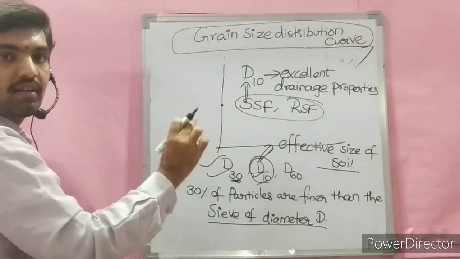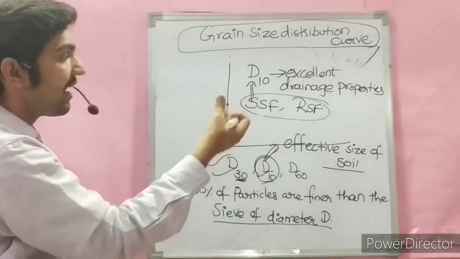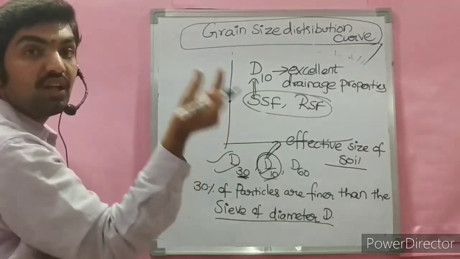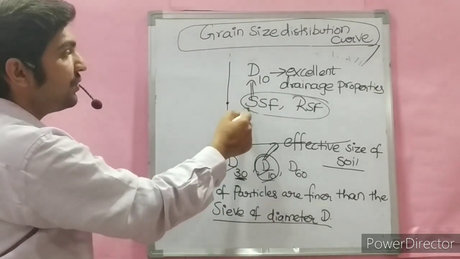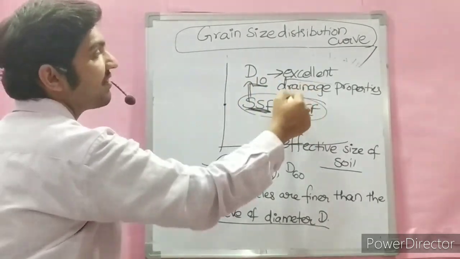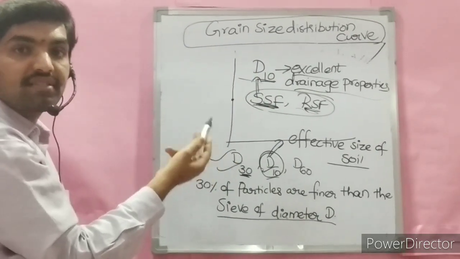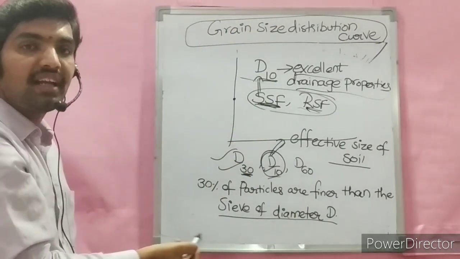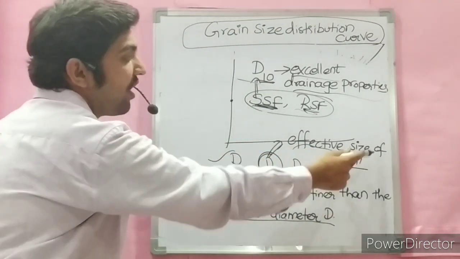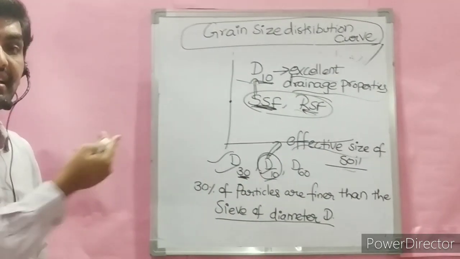What is the effective size of the slow sand filter or rapid sand filter? The D10 value is expressed there. Why? We use D10 in filter design because it has excellent drainage properties. That is the reason you use the D10 property in environmental engineering also. The effective size of the soil represents the drainage characteristics of the soil.